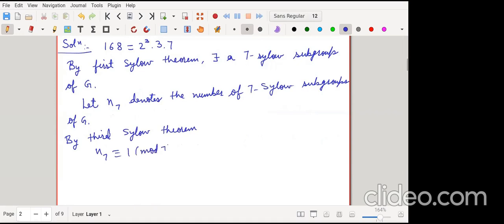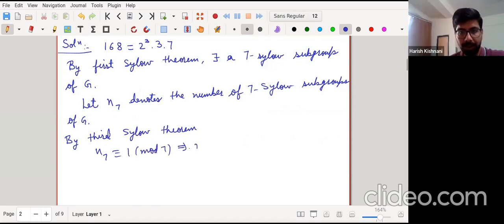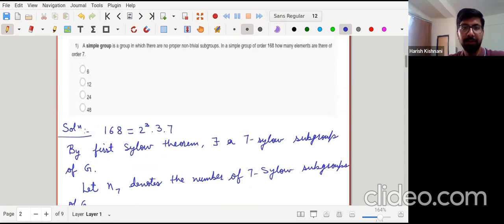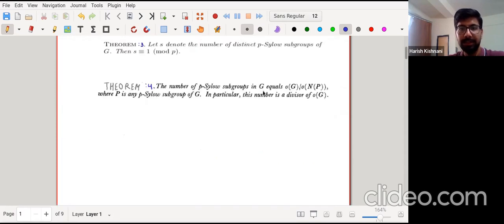Yes, exactly. So what is the possibility for n7? n7 can be 1, 8, 15, and so on. But we have one more property on the number of Sylow subgroups. Theorem 4 says that this number is a divisor of the order of G.